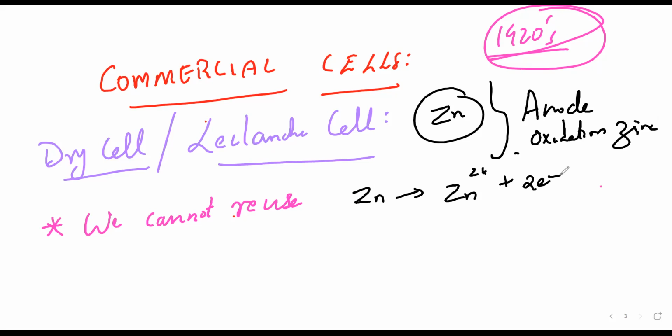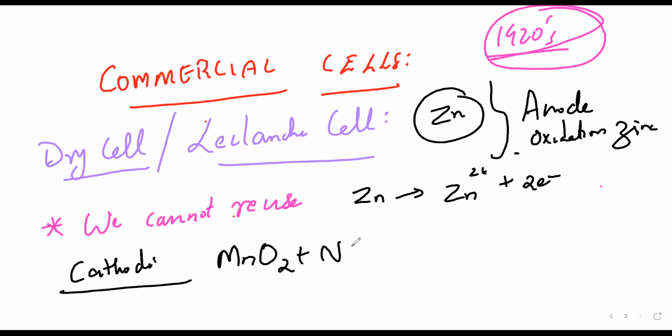But one of the other things is the cathode here, which is very important for us. Coming to the cathode side of the dry cell, it is manganese dioxide, MnO2, and ammonium ions.